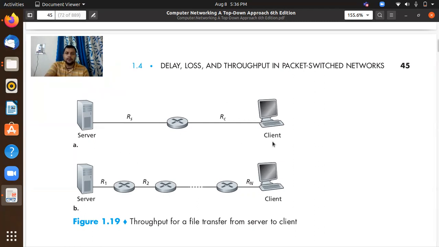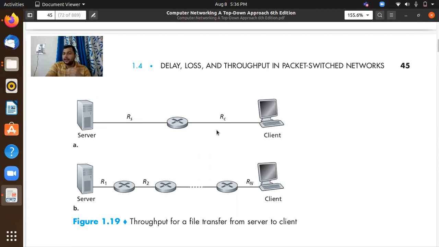So here there's a client and there's a server, and it is connected through an intermediate router. This link capacity is RC, which is connected to the client, and the link capacity with the server is RS. The link capacity, once again, is equivalent to the transmission speed, the transmission rate.